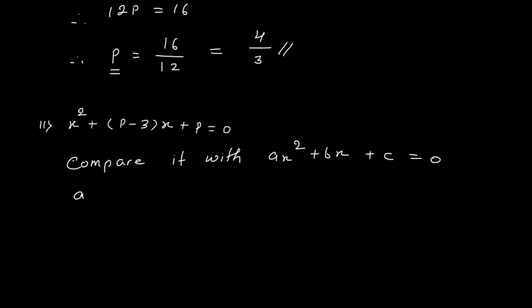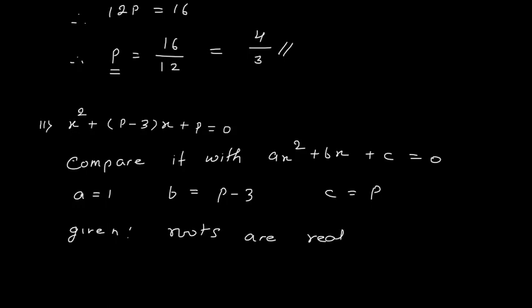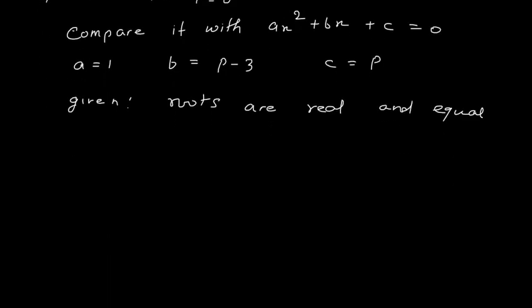We get value of a as 1, value of b as p minus 3, value of c as p, and it is given that roots are real and equal. Therefore b square minus 4ac is equals to 0. So b square means p minus 3 square, minus 4 into 1 into p equals to 0.